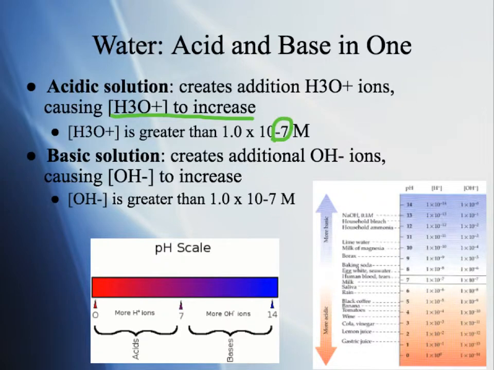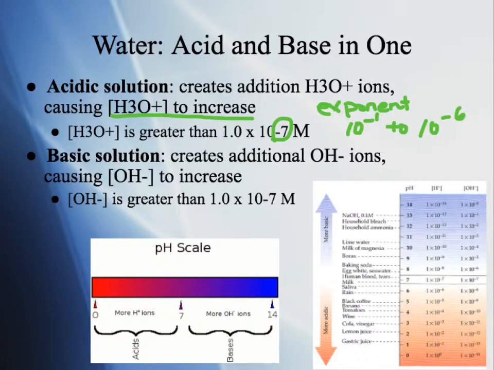So when we're talking about acidic solutions, this exponent is going to be lower in number. In an acidic solution, the exponent is like times 10 to the negative 1 to times 10 to the negative 6.